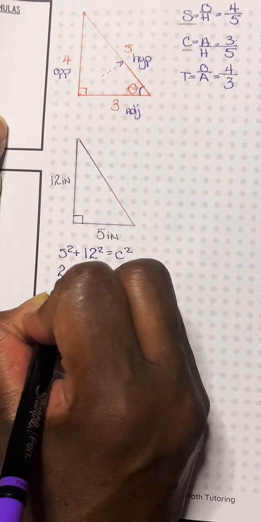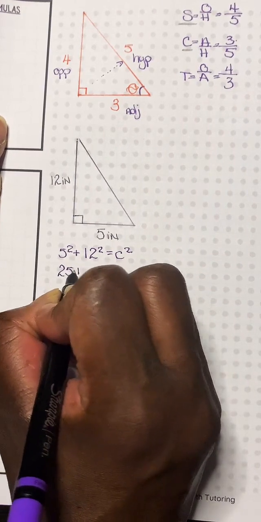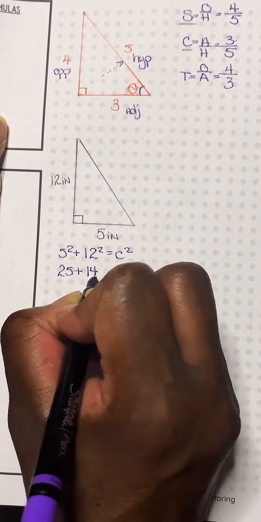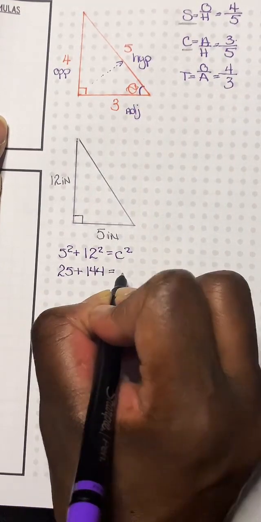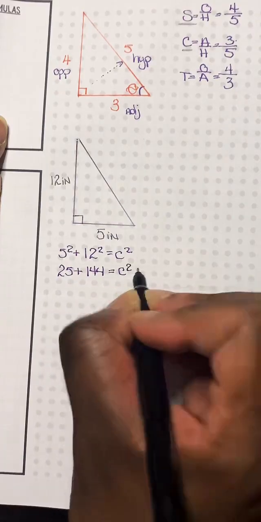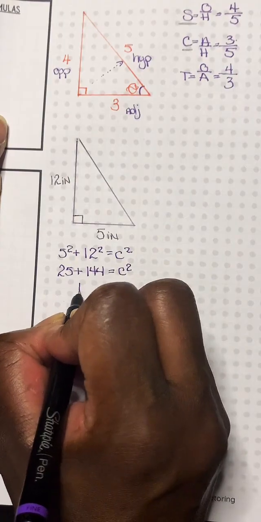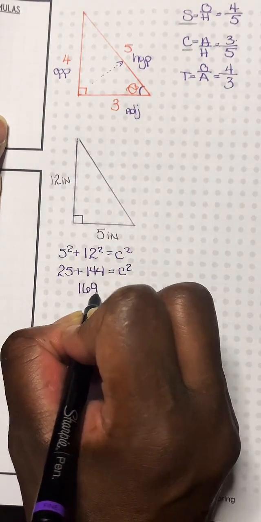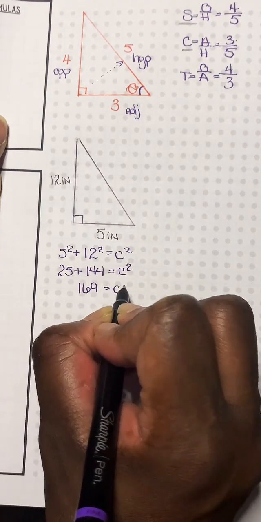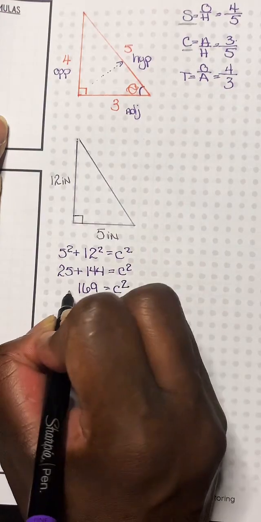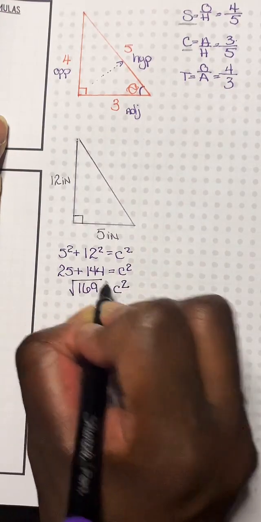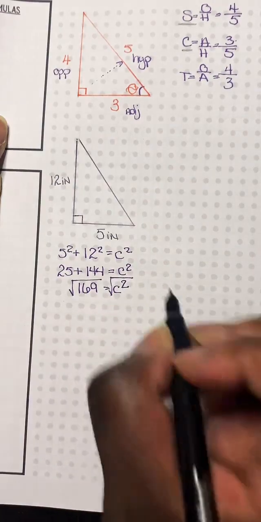So here we have 25 plus my 144 equals my hypotenuse squared. So that gives me 169 is equal to c squared. Then I have to take the square root.